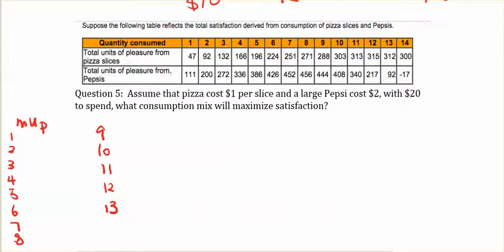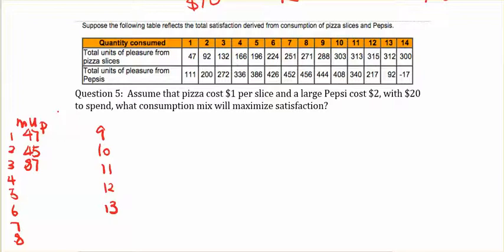When we consume the first slice of pizza, the total utility is 47, so the marginal utility is 47. When we eat the second slice, the utility is 92. In order to get the marginal utility, you use 92 minus 47, and you get 45. And the next: 132 minus 92, and you get 40.